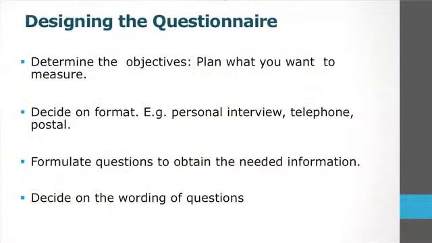Whether I'm going to send a postal survey, whether I'm going to ring them up and ask them questions, or whether I will go to a particular place where I know that my respondents would be present. And then to formulate questions to obtain the needed information. We also need to decide on the wording of the questions. How are we going to word it?